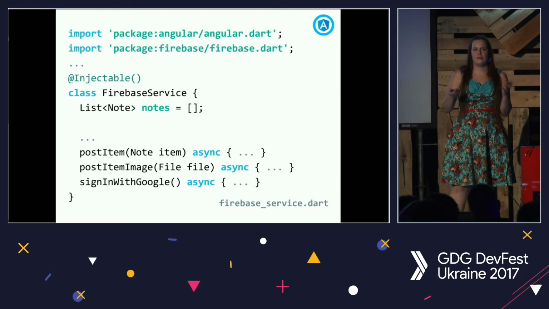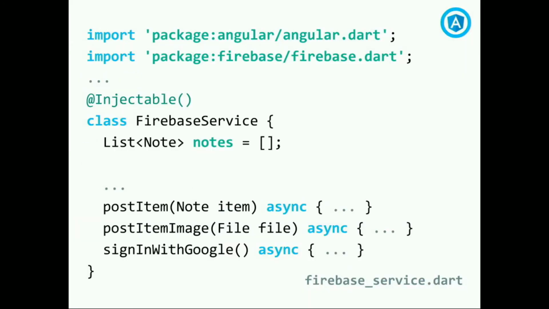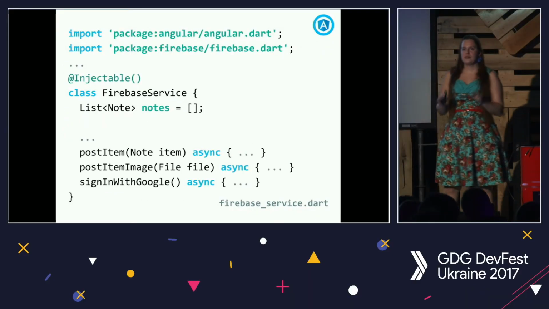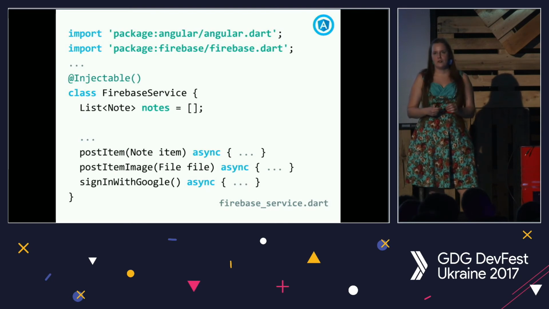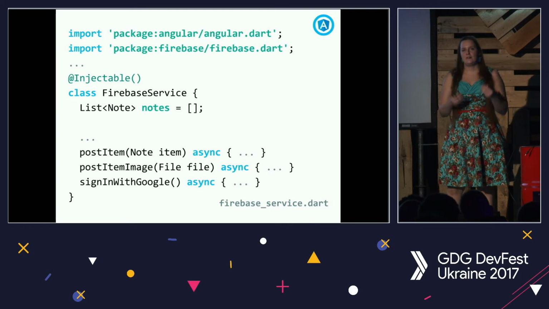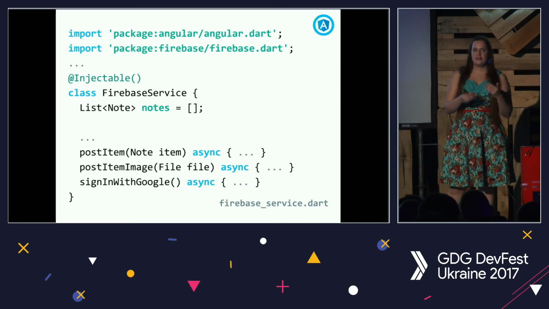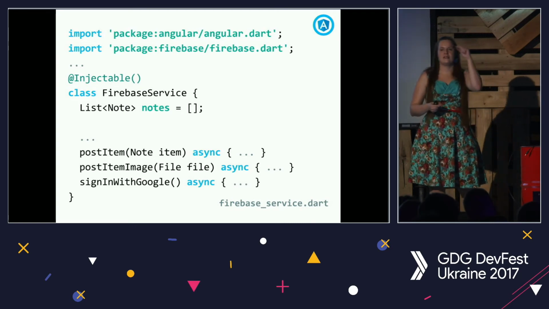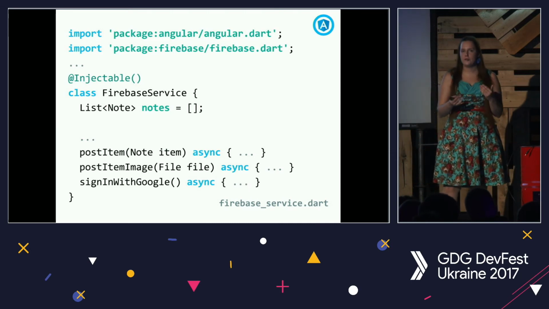Usually we'll use some name plus service. So here we have a class FirebaseService, and this service has to have an annotation. This time, it's Injectable, because in Angular, if you want to use some service, we never create an instance of that service ourselves, because it's created by Angular. So we need to register this service, and we need to also say that it's injectable, so Angular knows that.